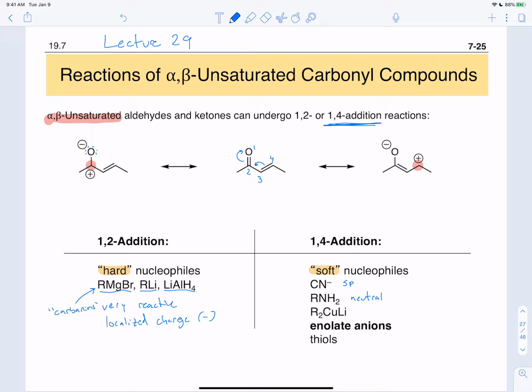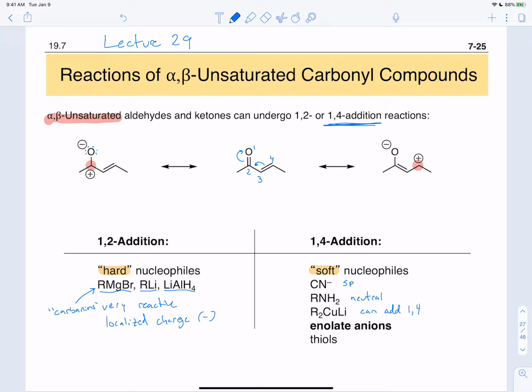Cuprates are really not very nucleophilic at all in a 1-2 sense, but these can add 1-4. So all of the reactions where we saw organocuprates not reacting with carbonyl compounds, now we have a class of carbonyl compounds where they can react. They're just going to do it specifically with alpha-beta unsaturated carbonyls, and we'll discuss that reactivity a bit more.